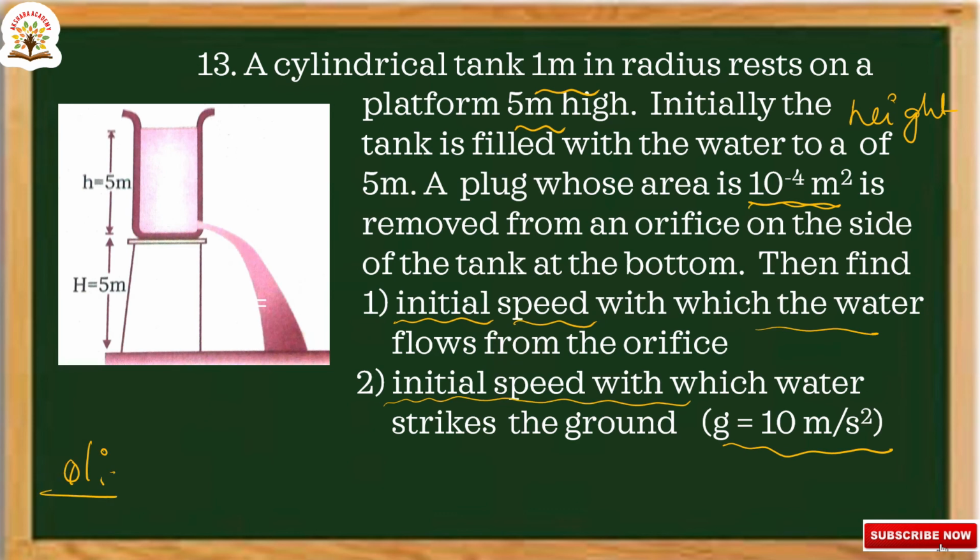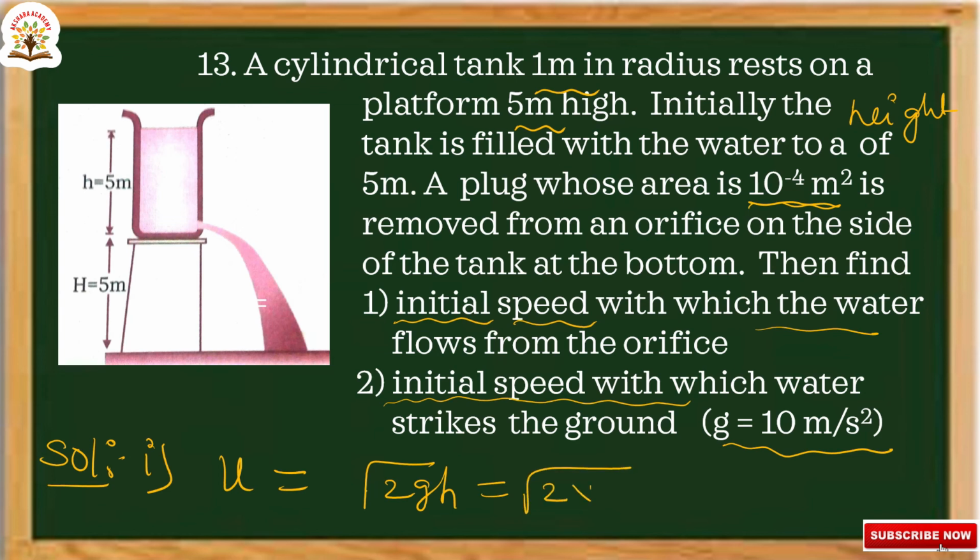First, calculating the initial speed with which the water flows from the orifice. Assume initial speed u is equal to root 2gh, that is root of 2 into g, given as 10, into height, given as 5 meters. 2 tens are 20, 20 fives are 100.